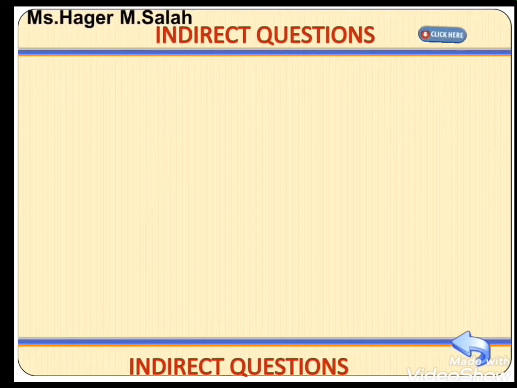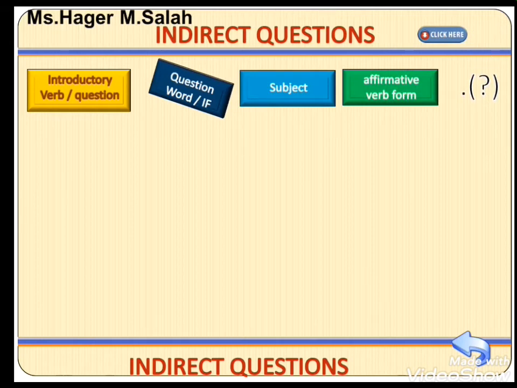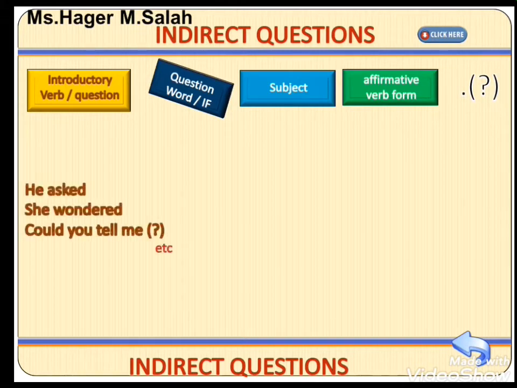Let's see the indirect question. What does it contain? Actually, it also contains an introductory verb, question word or if, subject, and the affirmative verb form. But here we have a very big difference in this kind.